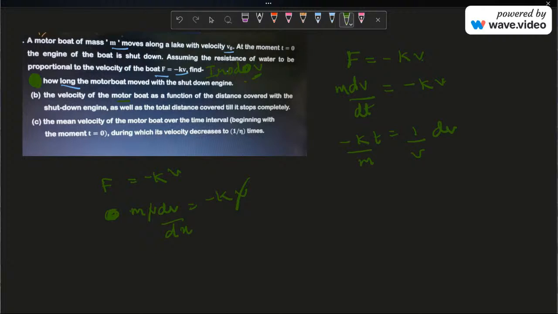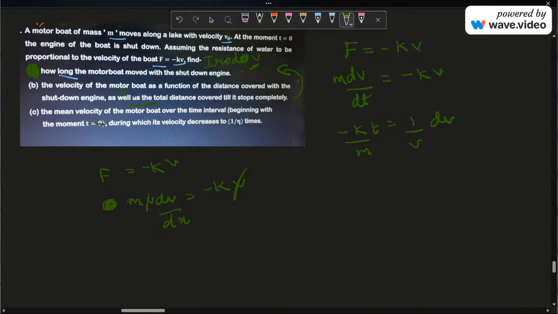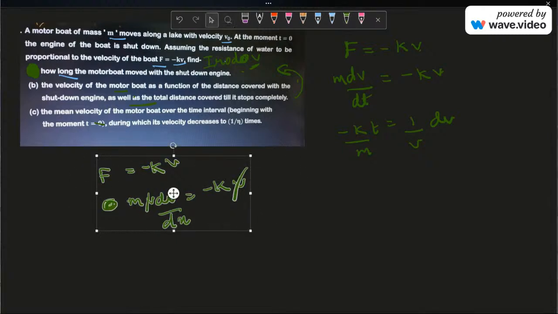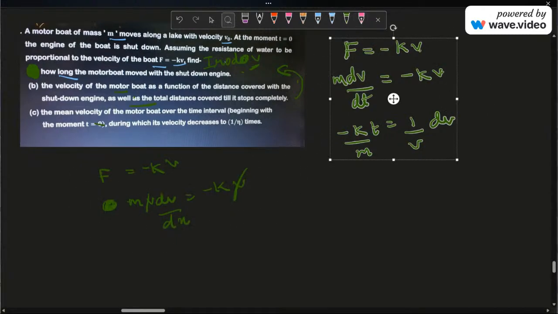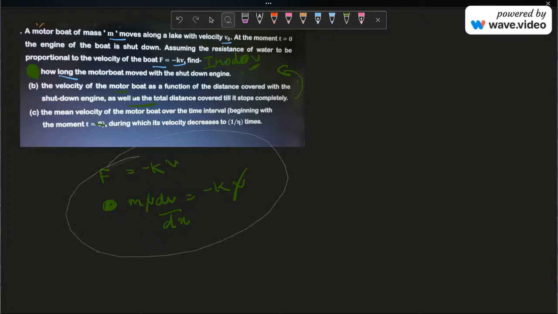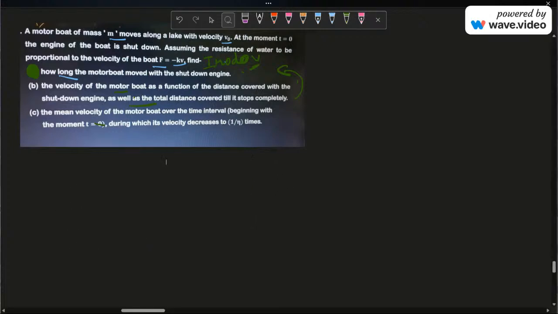If we solve the b part, then we can move to the a part again and solve it through some other way. But I don't know what was the problem in my first way. So, in this second question, it is asking us to relate x with velocity, and it has given us only one relation: m into acceleration is equal to minus k into v.